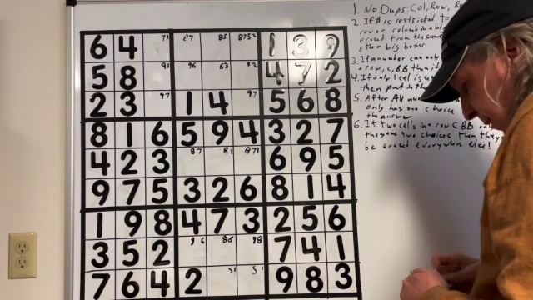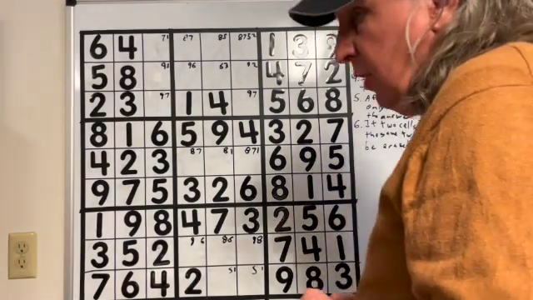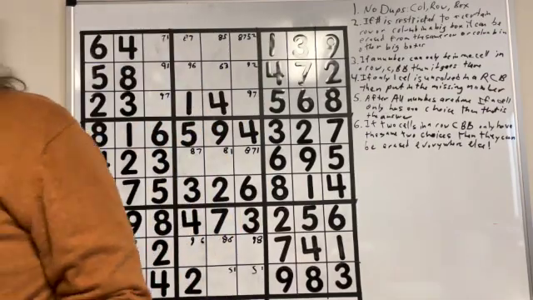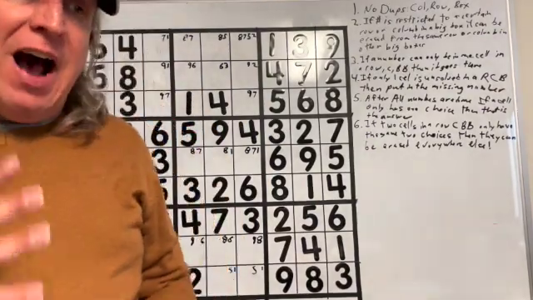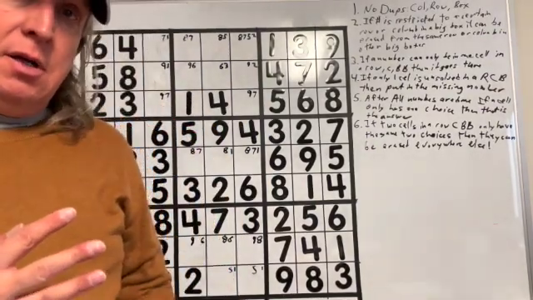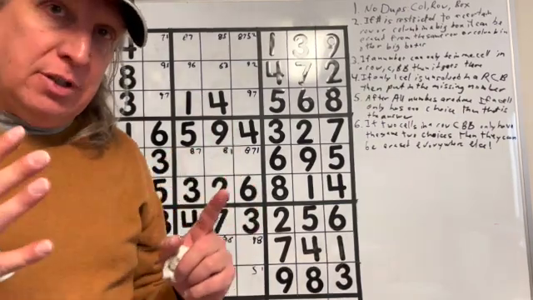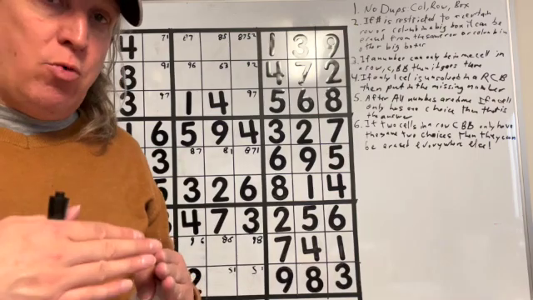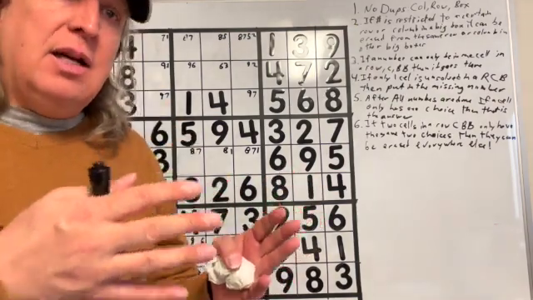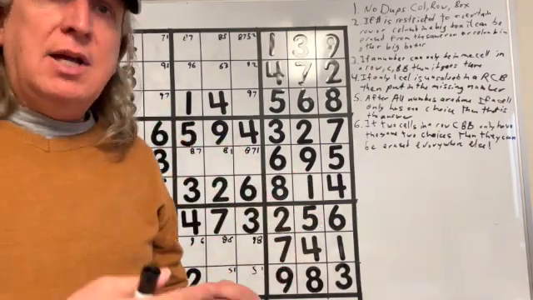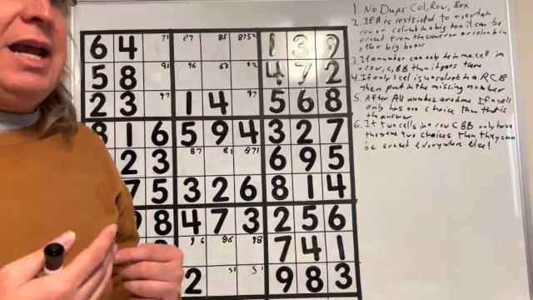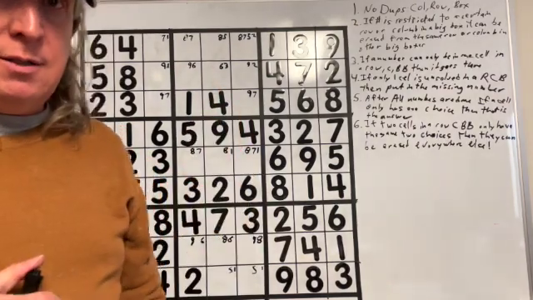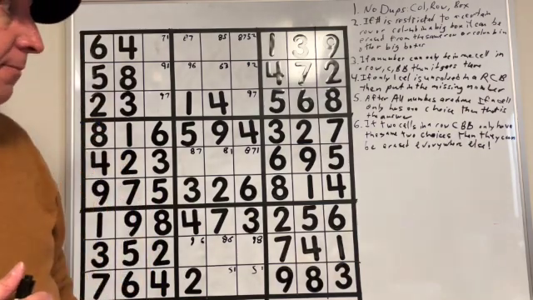Okay. And this grows. This is true for any number of cells. If 5 cells have 5 options, only 5 options within the same row, column, or big box, then those 5 options can be erased in every other cell of that row, column, or big box. Okay?